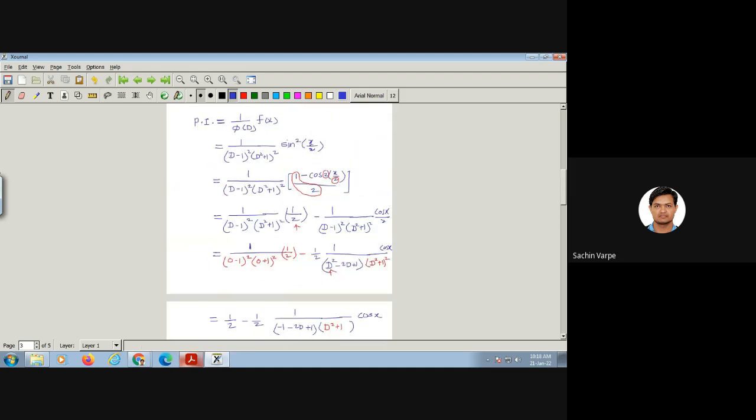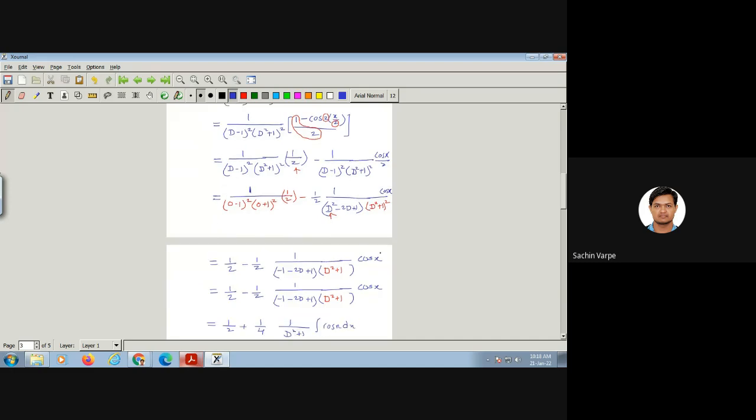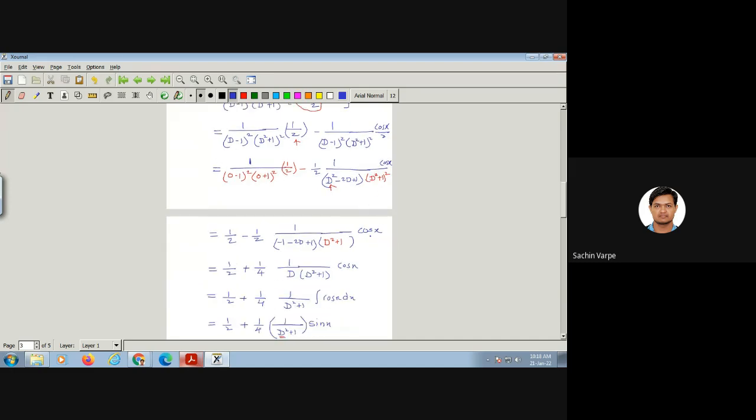We have the sine square x by 2, right? Sure, it's d square plus 1 whole square. So, oh, sorry. Here it must be square. Square. Yes. Very good.